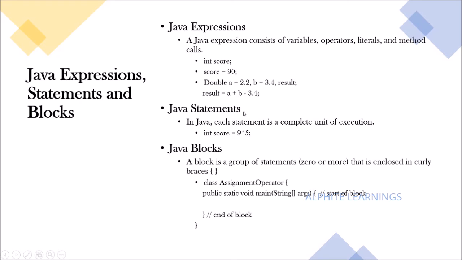Next is the Java statement. A Java statement is a complete unit of execution. For example, int score = 9 * 5. If you give this line, 9 and 5 get multiplied and the result gets stored in score.